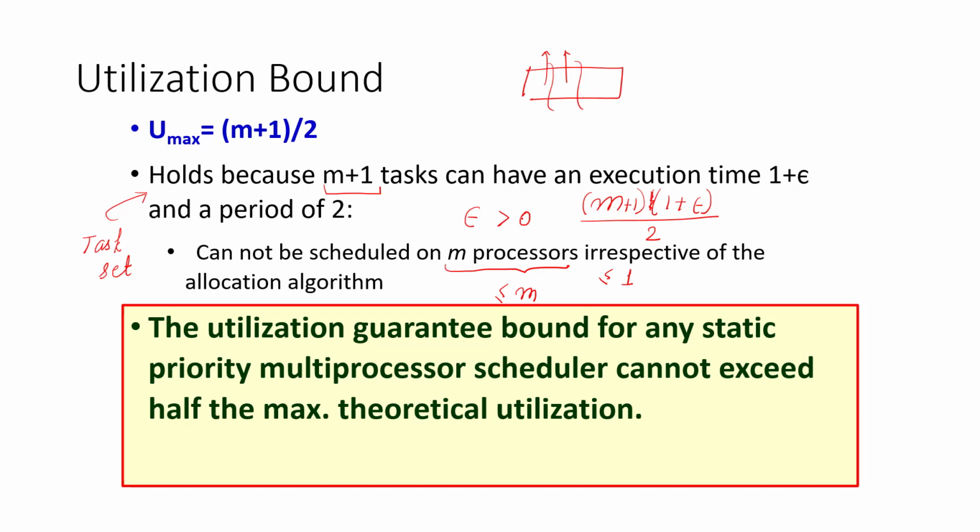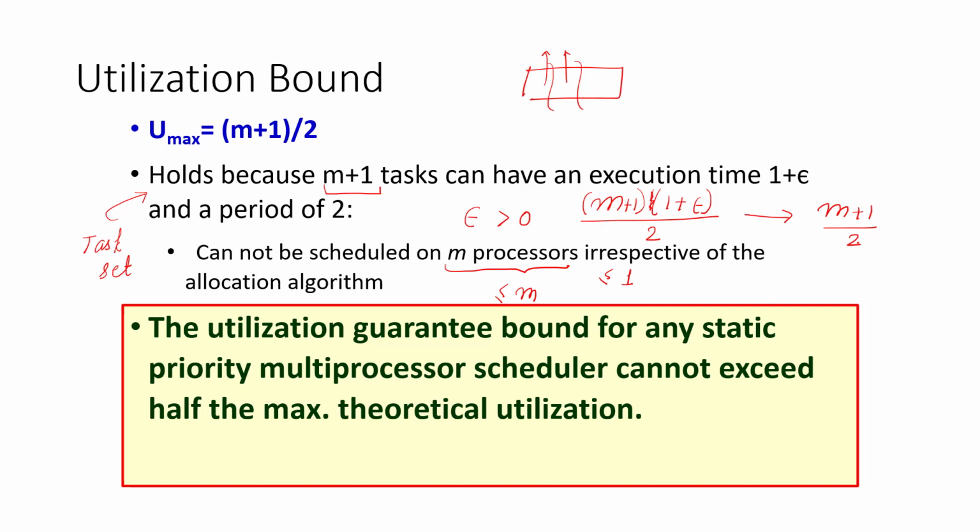So as epsilon tends to 0 but still remains positive, this tends to (M plus 1) by 2, and again for large M this more or less tends to M by 2, right? So we are looking at a system with roughly 50% utilization of the entire system, where utilization is computed the way we do for typical multiprocessor or multi-core systems.